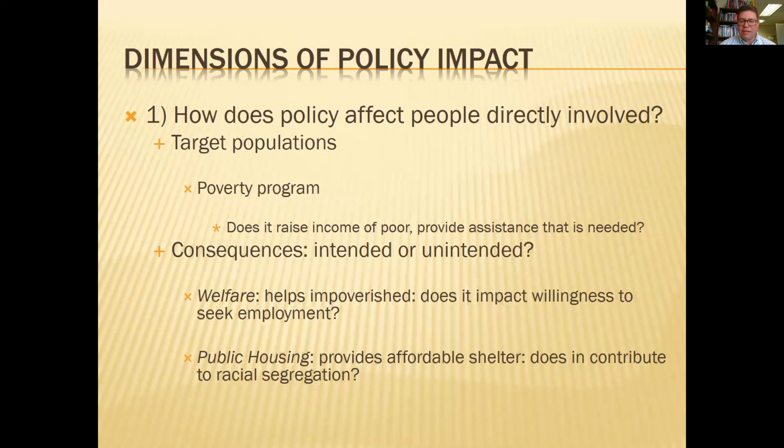Or on the other hand, does it have the unintended consequence of impacting people's willingness to seek employment? That's one of the questions that we've grappled with over the years. And certainly, as we've seen from the Welfare Reform Act of 1996, Congress determined that there was a need to make a disincentive for people to be on welfare because they felt as though it encouraged people not to work.